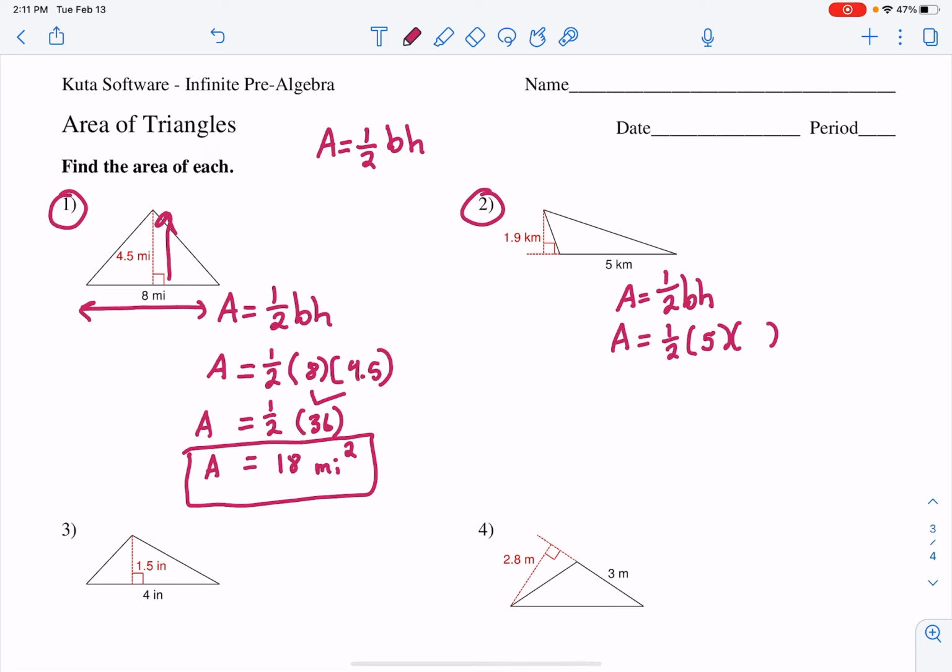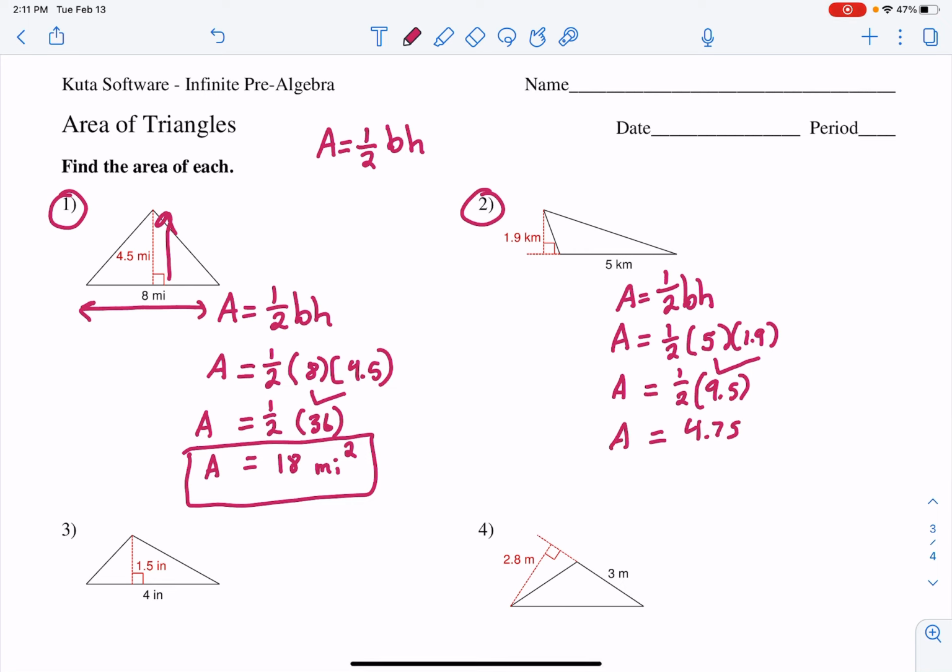So I'm going to do 5 times 1.9 divided by 2. So 5 times 1.9, I'm going to do that first, is 9.5. And then 9.5 divided by 2 is 4.75.